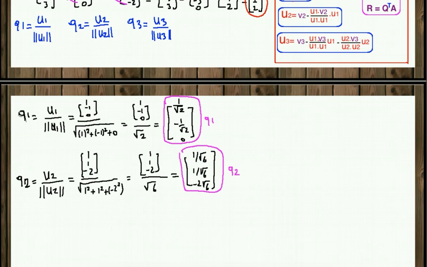And finally, our q3, which is the third orthonormal vector, is given by u3 divided by length of u3. Our third orthogonal vector was 1, 1, 1. And the magnitude is square root of 3.